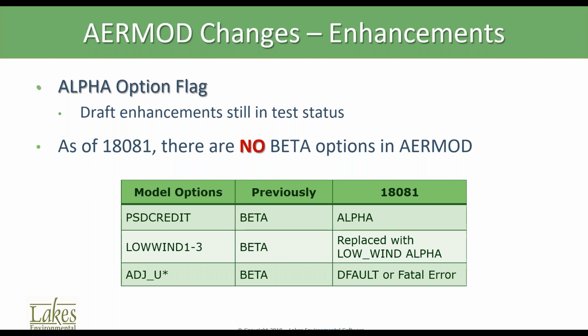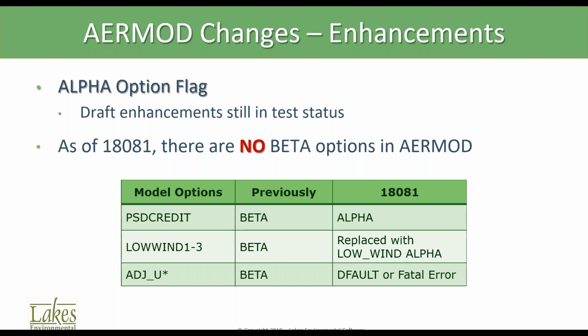With the 18081 model changes, there are now two hierarchies of these types of options. The first is the new alpha option flag, which is applied to draft enhancements still in testing status. These are things that people have proposed, but not necessarily gone through full scientific review of, and they're being added to the model so that additional users can take the opportunity to test them out for themselves.